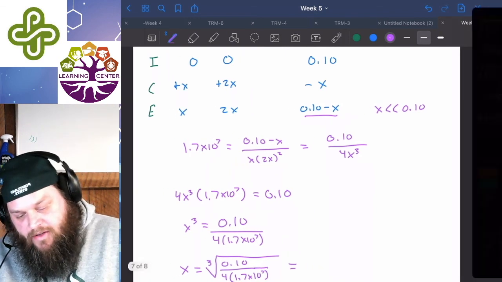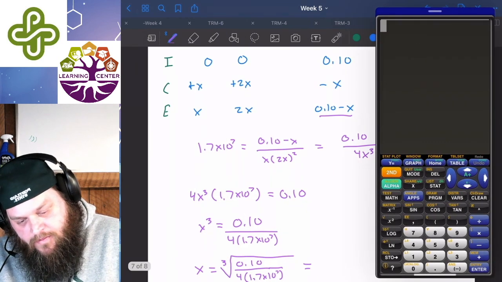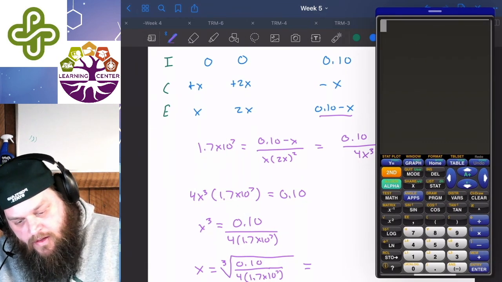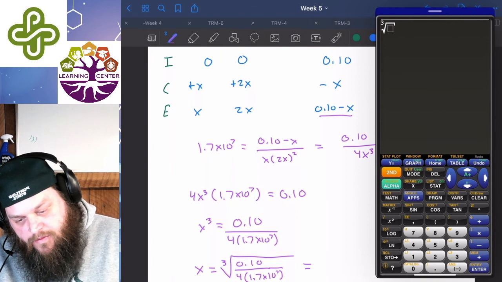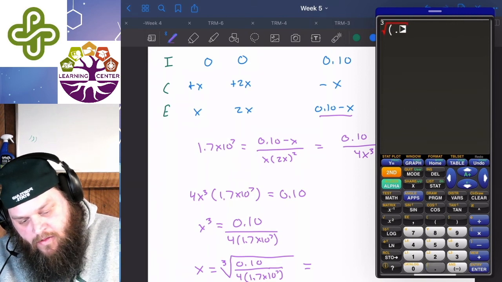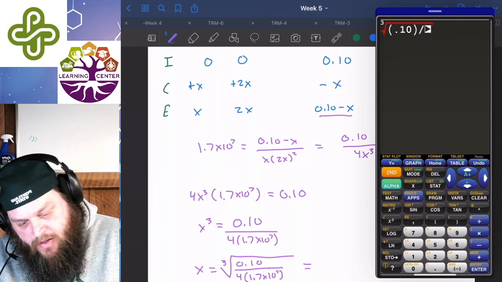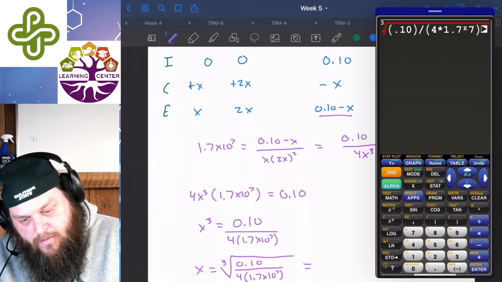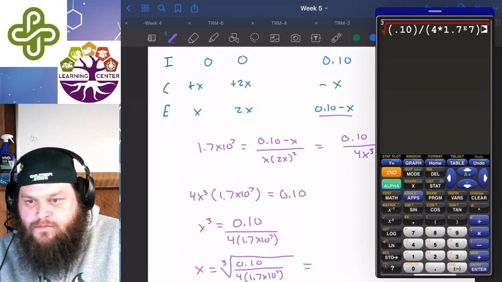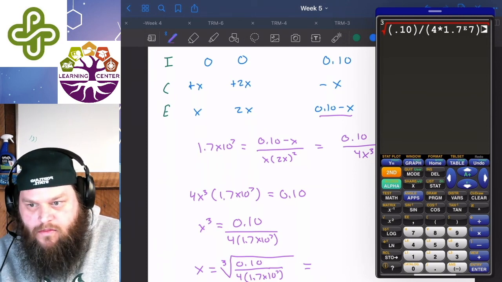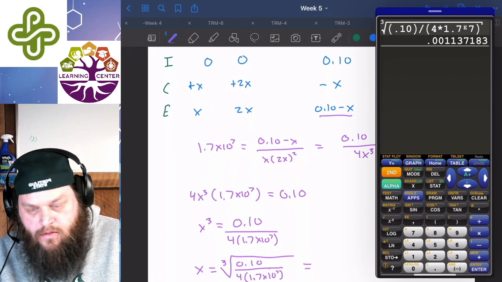Put this in our calculator and hit math. Number 4 is the cubed root. 0.10 divided by 4 times 1.7 times 10 to the 7 is going to equal 0.0113.